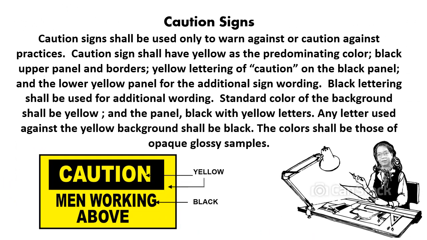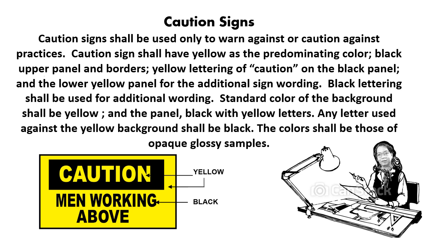Caution signs. Caution signs shall be used only to warn against or caution against practices. A caution sign shall have yellow as the predominating color, a black upper panel and borders, yellow lettering of caution on the black panel, and a lower yellow panel for the additional sign wording.